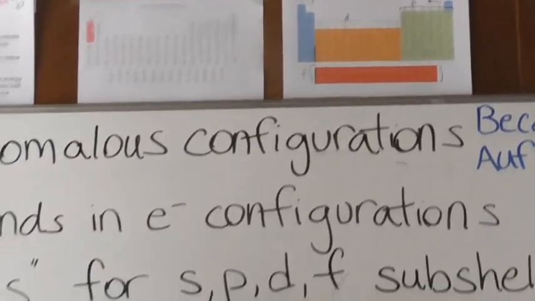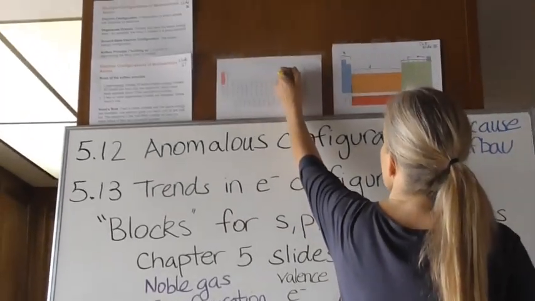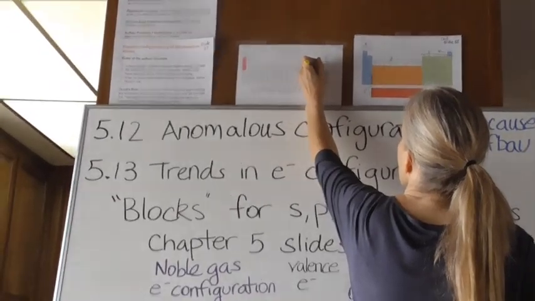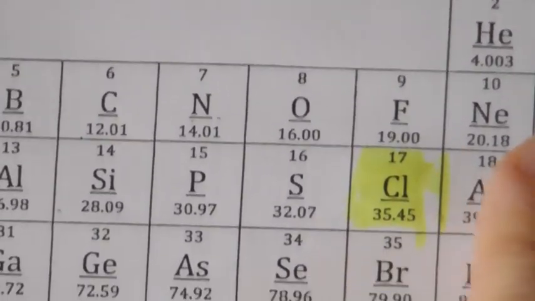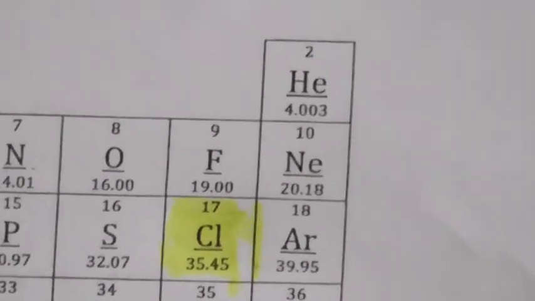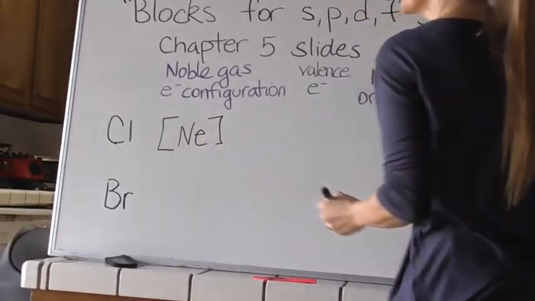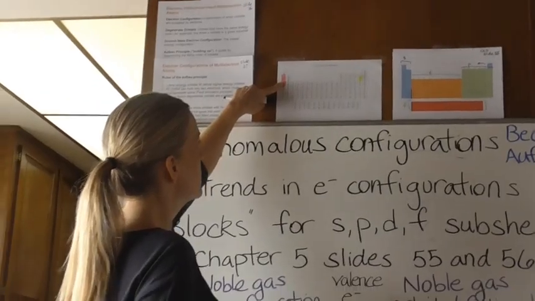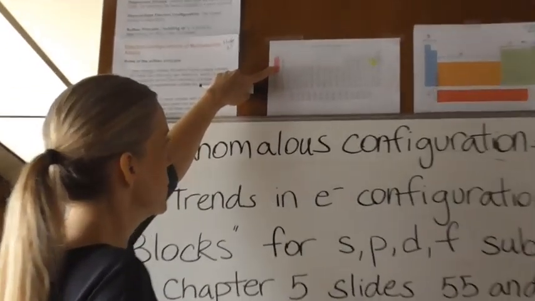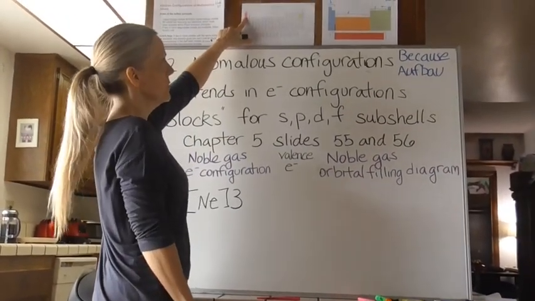So the noble gas for chlorine, so let's put this as a different highlighted color. So we have chlorine. So chlorine, if you go back to the last noble gas, it's neon. Now we got to go across to chlorine. So this is 1, 2, 3. So third period. And we got to go all the way over to it.